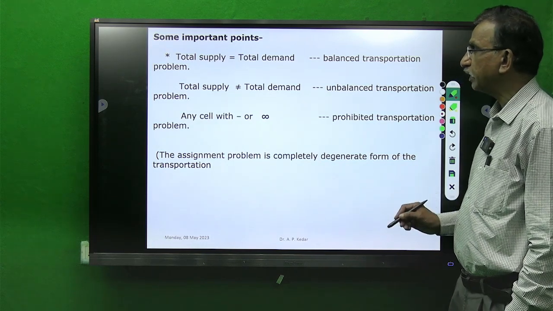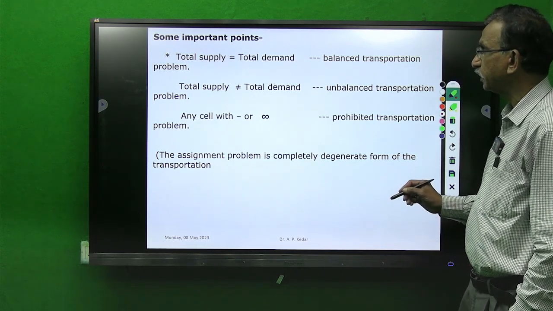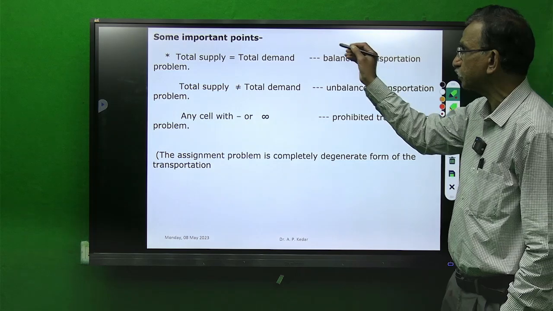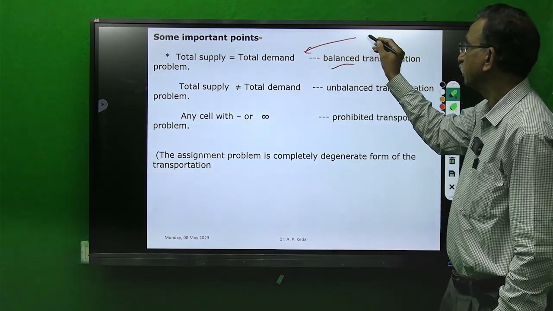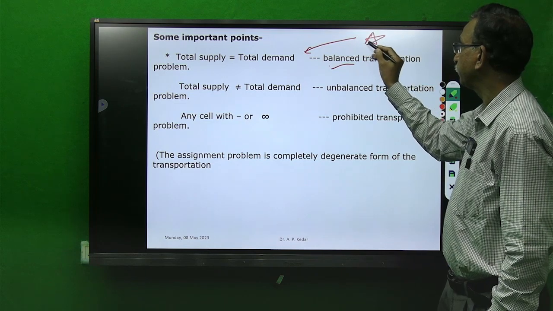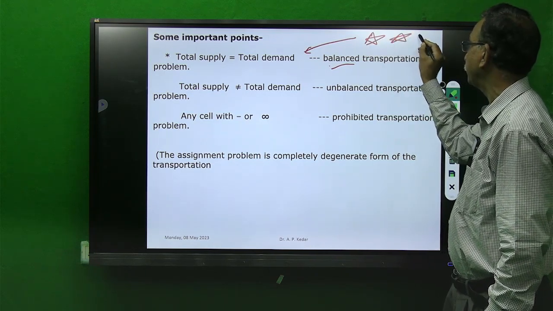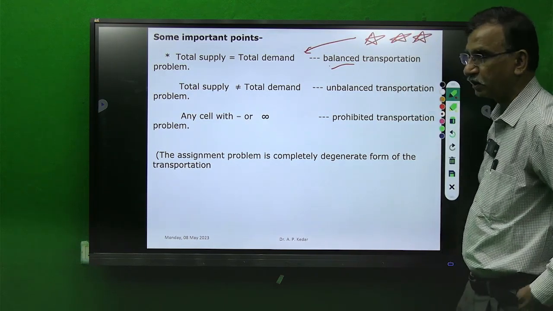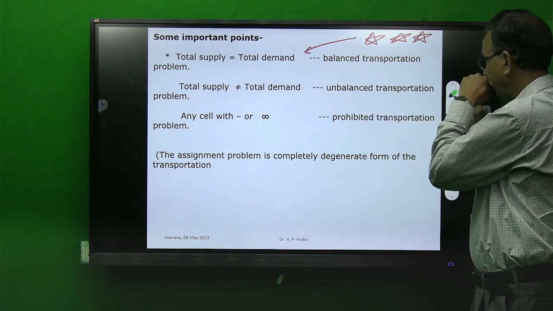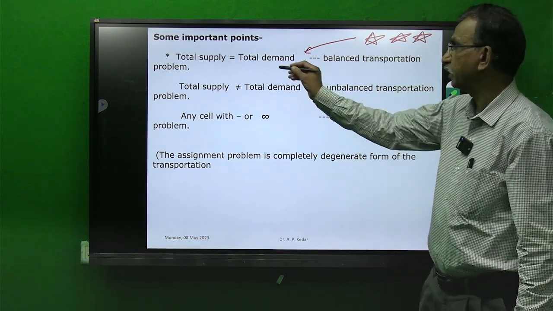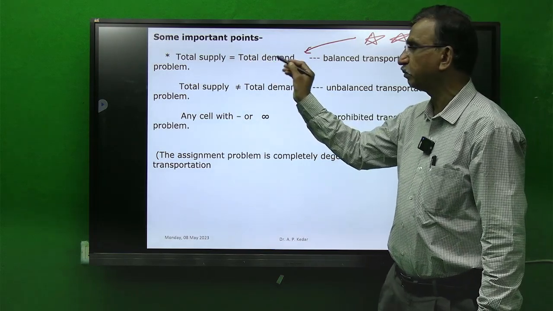The initial required condition for any transportation problem, before you proceed, you need to have this mandatorily. I am marking it with 3 stars. This is mandatory. Total supply must be equal to total demand.